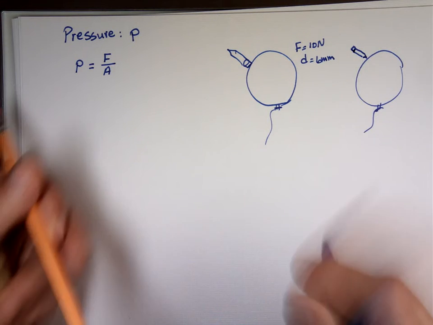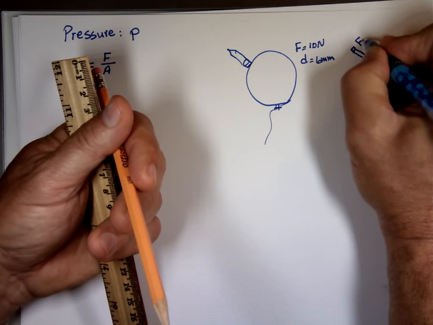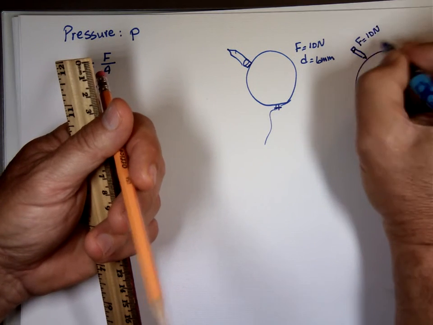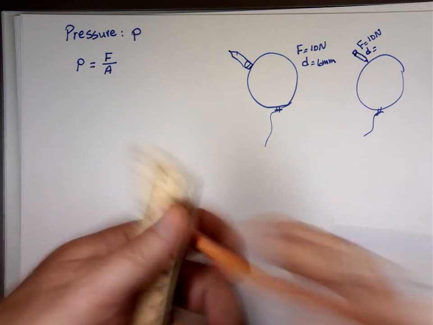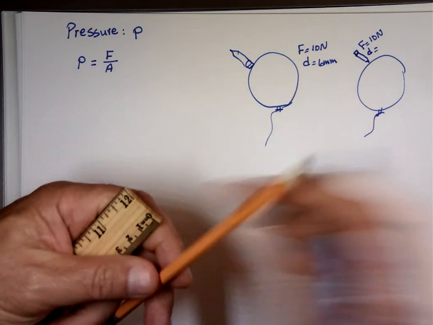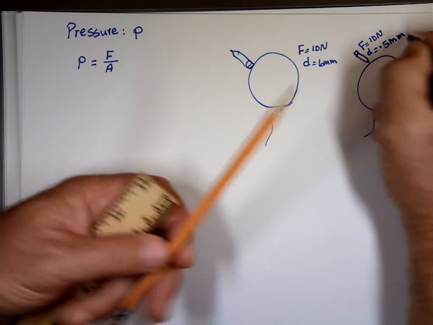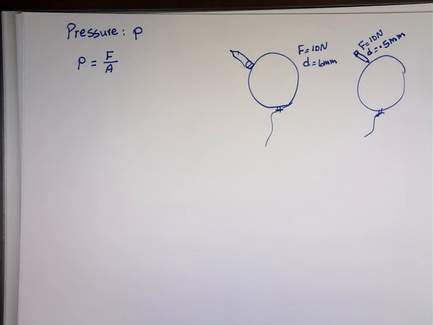I push with the sharp end with the same force. But now the diameter of this sharp edge, if I put it against this, is probably 0.5 millimeter, probably even less than that. I'm pushing with the same amount of force.